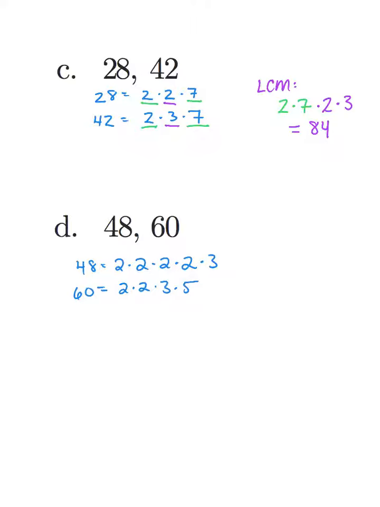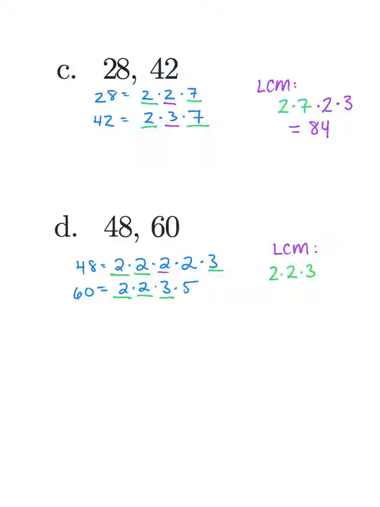So for our LCM, let's start with what do they have in common. Well, in common we have 2 2's. We also have a 3. So start by putting that in the LCM.